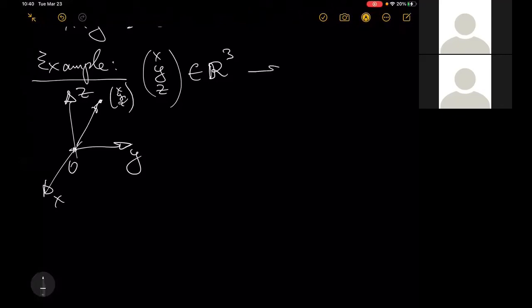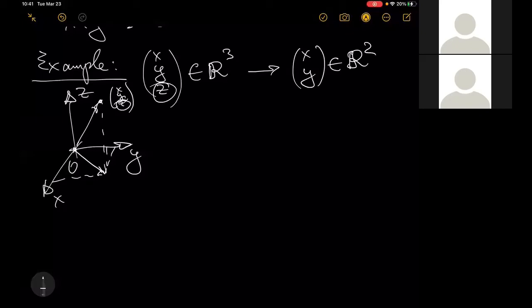So I can map it into x, y, which belongs to R2, just like that. So I'm omitting z. So once again, 2 different dimensions. And yeah, so this is a projection map, which is used in many applications.